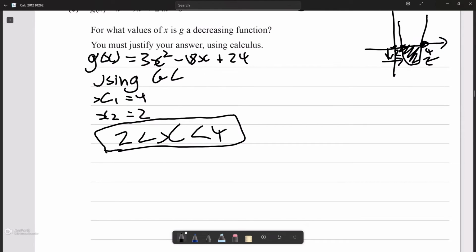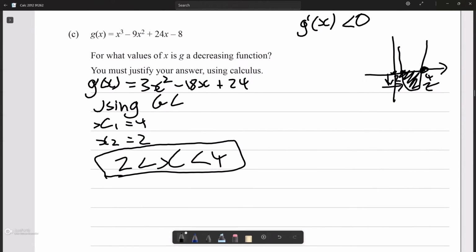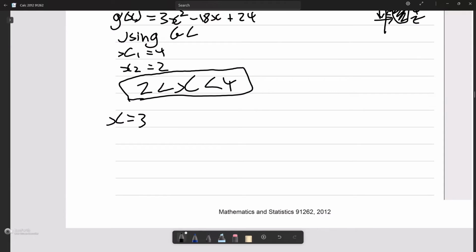And I must justify my answer using calculus. So a value between, let's say x equals 3, right?